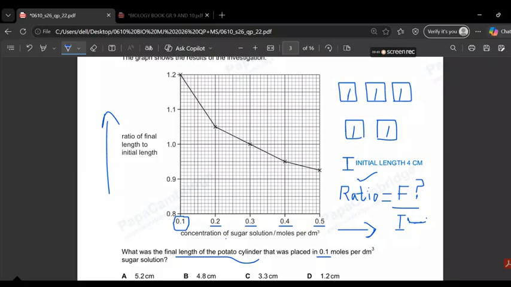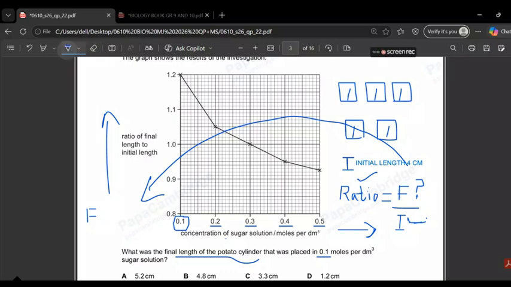If I bring this formula to this side, it should be final length of the potato cylinders is equal to, this is simple math. As you know, in biology, we usually do not go for very complicated math. Just a change of values here and there, and then you get the formula modified.